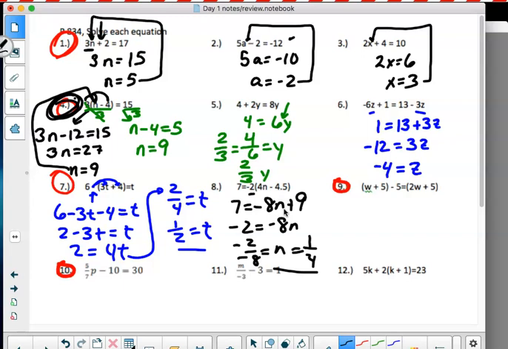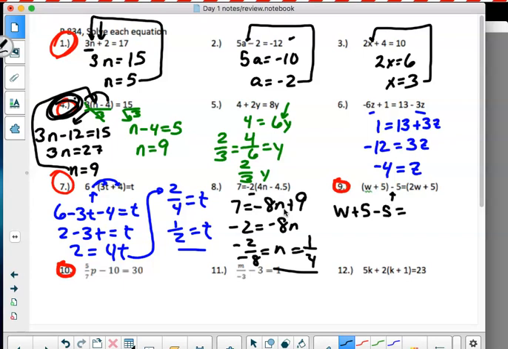Now, I'm hoping you start to notice that the further along we're going, the more technical these are getting, and the more care I have to pay attention with my signs, my order of operations to undo everything. In 9, this looks really tough, but you see that subtract? The subtract follows everything, so this is really just w plus 5. The parentheses just drop away.